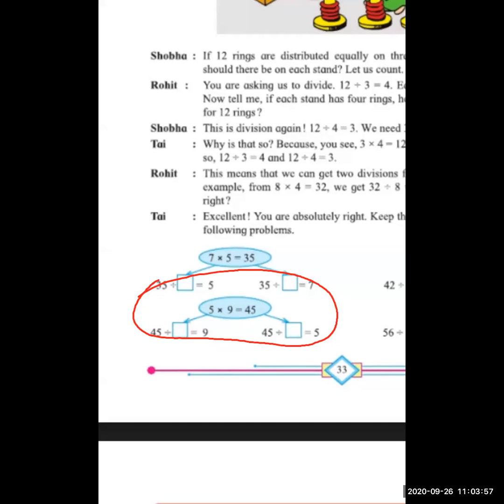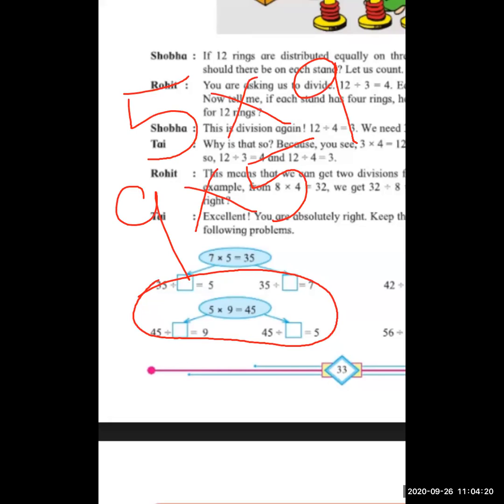It's 9 into 5, right? 9 into 5, what is the answer? Equal to 45. And 5 into 9, what is the answer? From both sides, the answer is same. 9 fives are 45, 5 nines are 45. So you want to write here what?